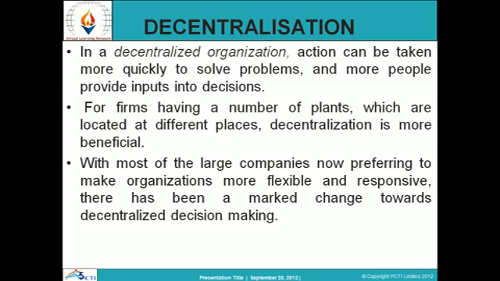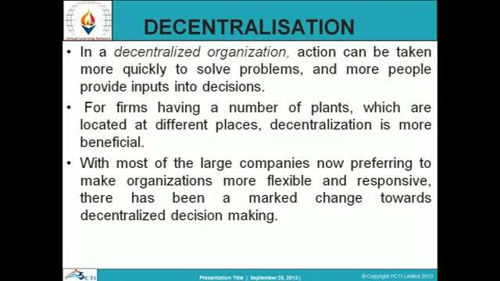So, for quick decision making and quick resolution of problems, decentralization is the key to success, with most large companies now preferring to make the organization more flexible and more responsive. That is why there has been a marked change towards decentralized decision making.